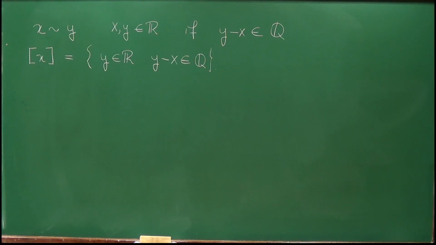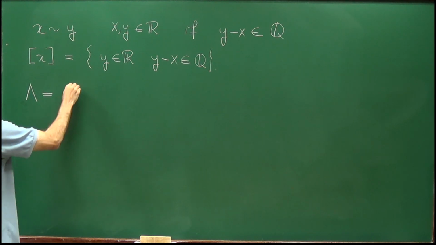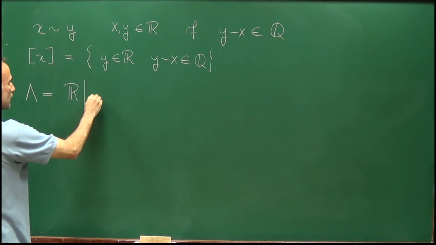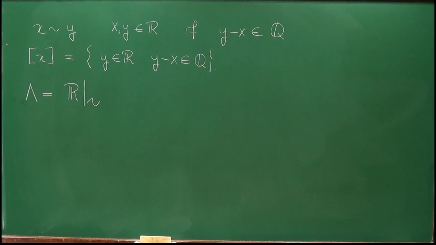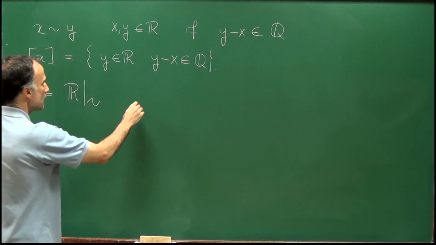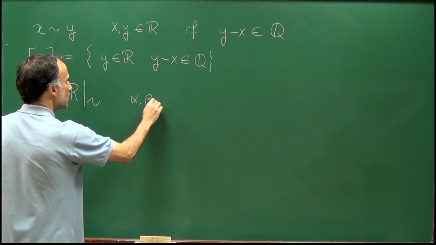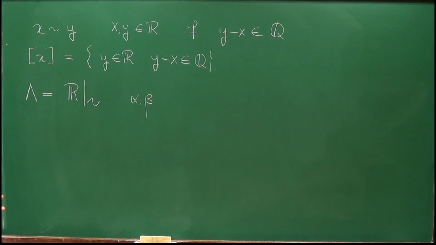And let me represent by lambda this set of equivalence classes. So this is the set R modulo this equivalence relation, and I will represent the points of lambda by the Greek letters alpha, beta, and maybe gamma if I need gamma.